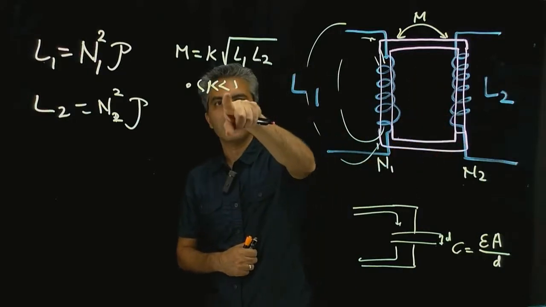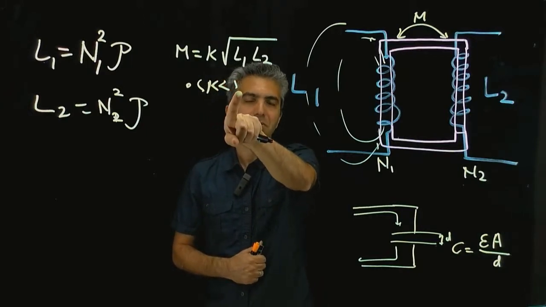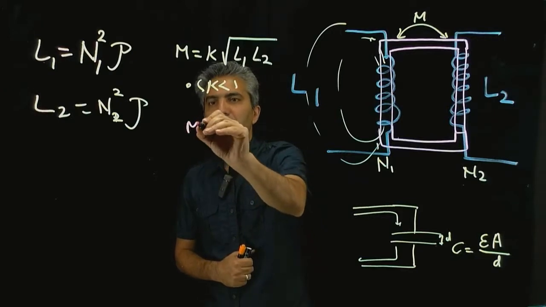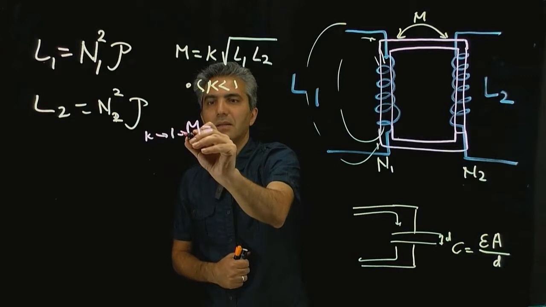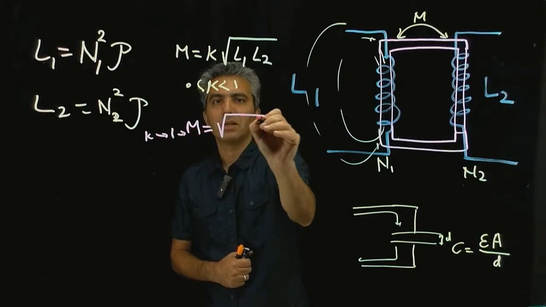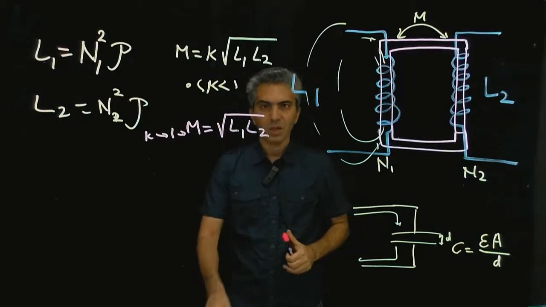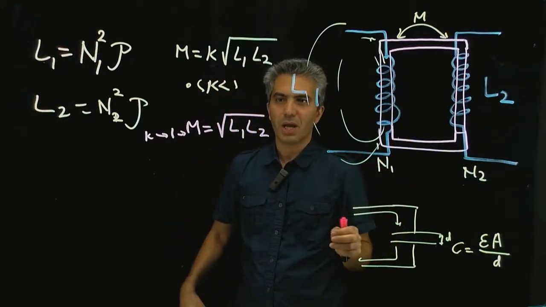In other words, I'm getting really close to the regime where K could be considered really close to 1, at which point M is really close to the square root of L1 times L2. If this is the case, something interesting is going to happen.